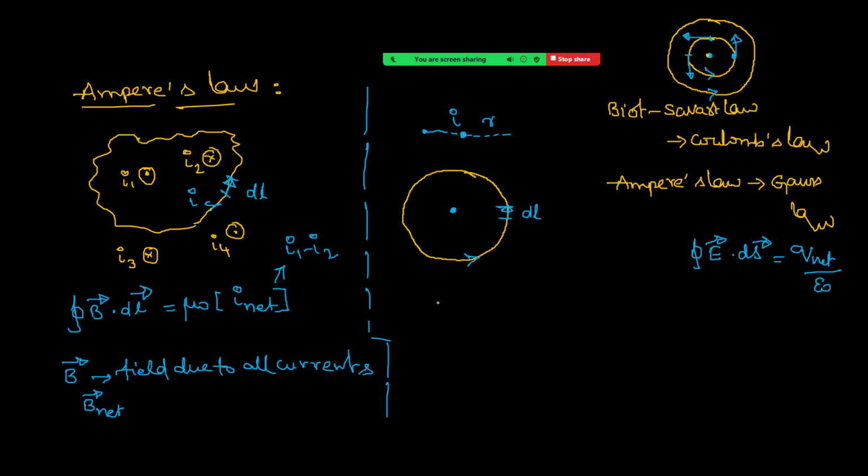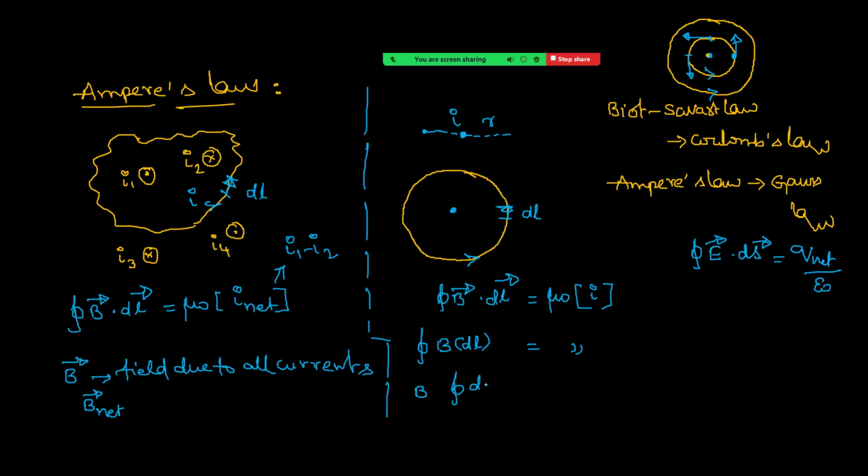Therefore, see what I can do here. Closed integral B bar dot dl bar is equal to mu naught times the current passing through this area, that is I. So I am writing closed integral B dl cos 0, that is 1. Since B is constant, the modulus of B bar, take it outside.